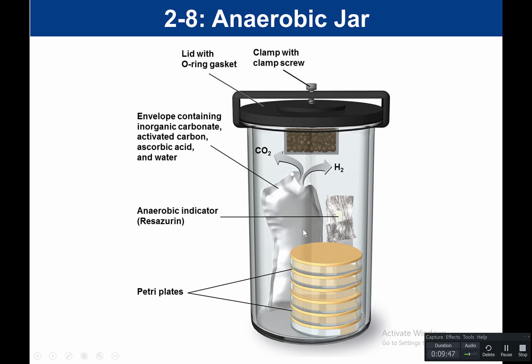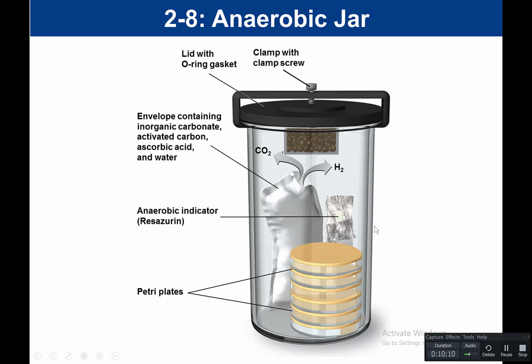And these anaerogen chemicals, again, their purpose is to reduce O2 to water. Basically to make the jar anaerobic, so that O2 is no longer present. We would also have our O2 indicator, in our case our resazurin.